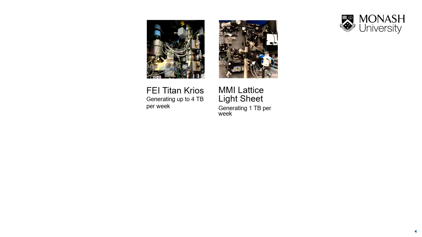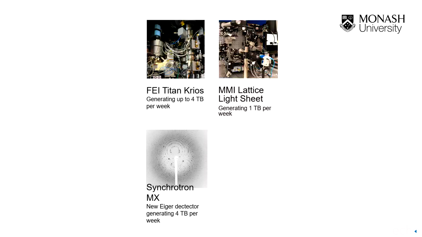And Trevor Lithgow is one example. So the Titan Krios, this is the cryo-electron microscope, is generating up to 4 terabytes of data per week. The lattice light sheet is generating up to 1 terabyte of data per week. The synchrotron now has a new detector at the crystallography beamline generating up to 4 terabytes of data per week.